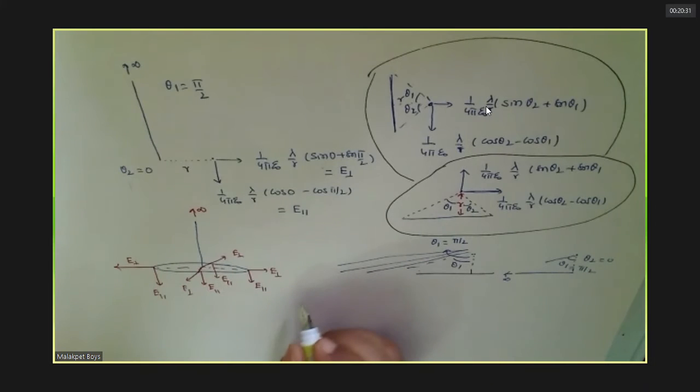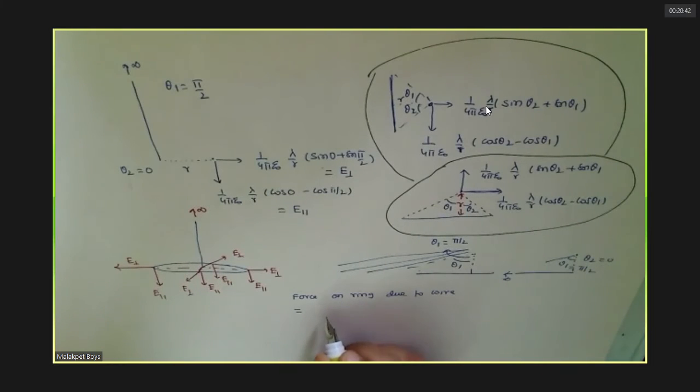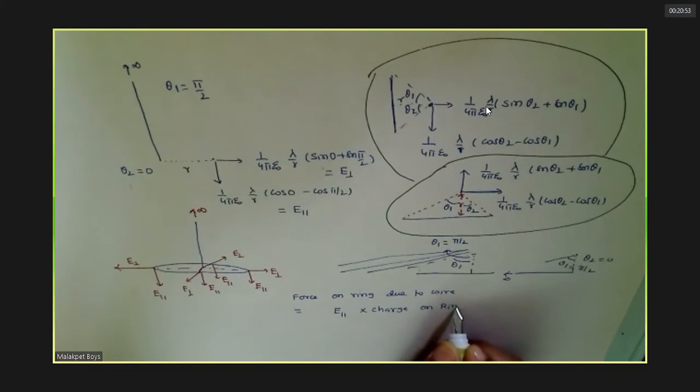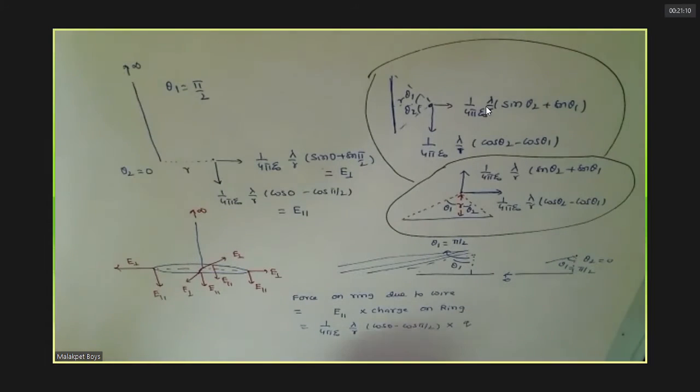the force on the ring due to the wire will be nothing but E parallel, into the charge on the ring, which is Q only, no?